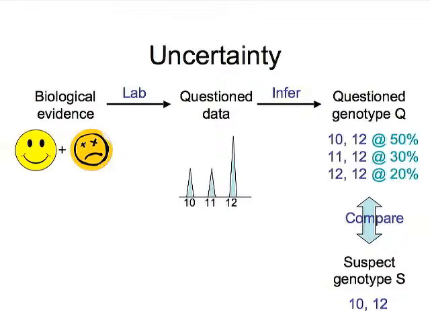Probabilities are weights or values that are given to possible events or hypotheses that must add up to 1. And so they would have different values. Then we could take that genotype Q of the questioned evidence and make a comparison with a suspect, or as we'll see later on, maybe with many suspects, and determine the extent of match.